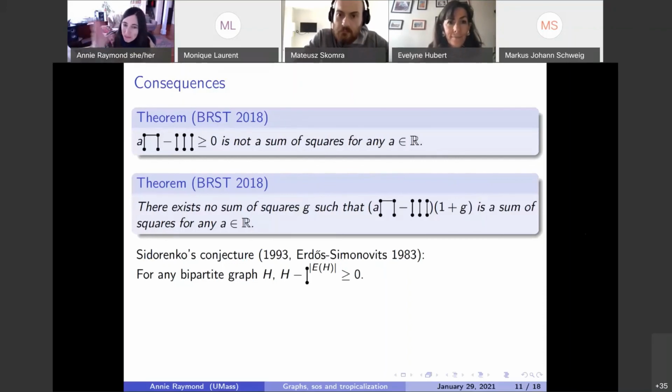So we do know big classes of graphs for which we can prove that it is polyhedral and rational polyhedral. And we do know that it is rational polyhedral for simplicial complexes and matroids. But for graphs in general, we don't know.